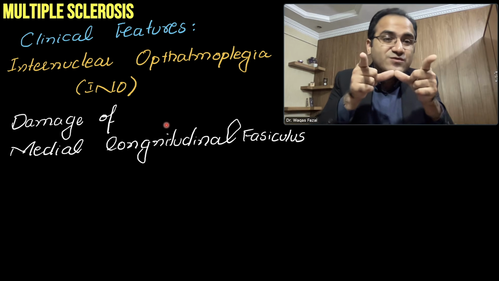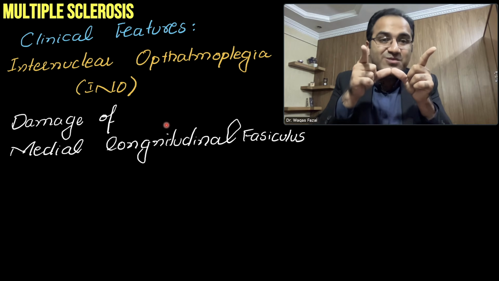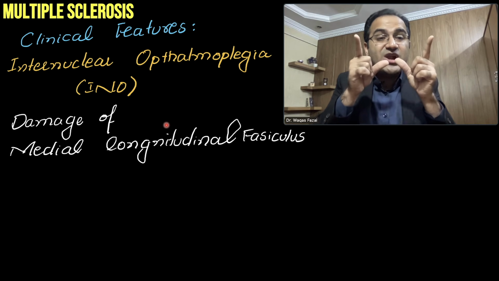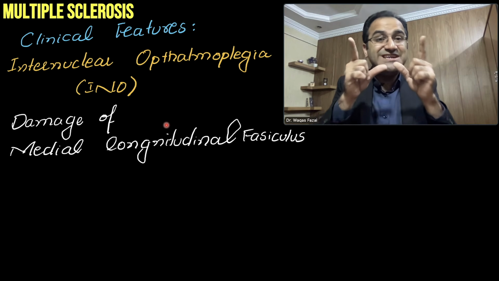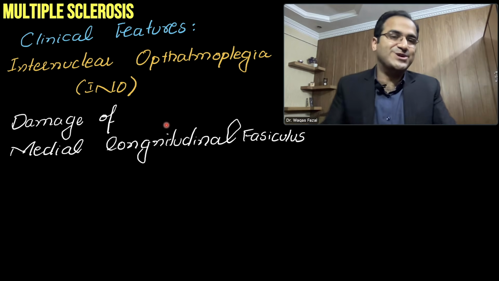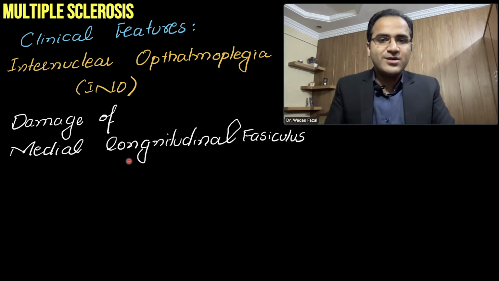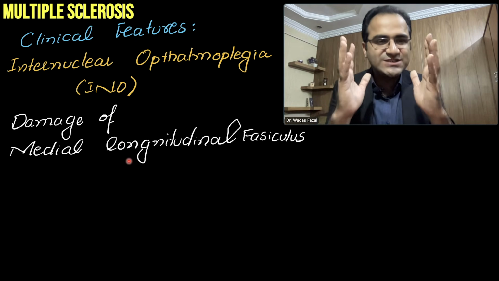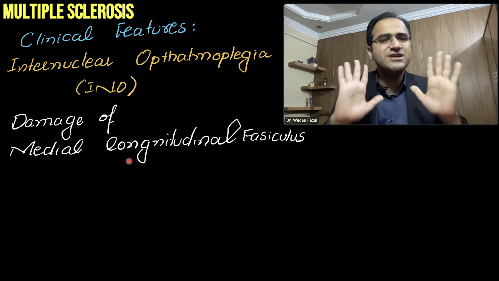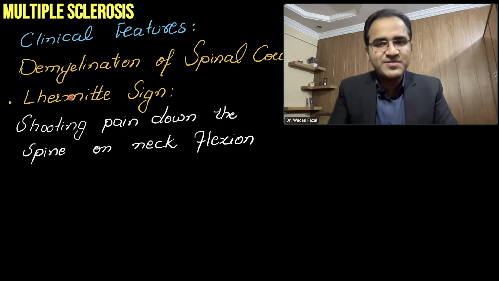Therefore, the right eye moves to the right side and the left eye starts having nystagmus. It starts vibrating like this. Basically, the problem is that they are not having proper communication with each other due to damage of the medial longitudinal fasciculus. That is called internuclear ophthalmoplegia. So the eye findings are the earliest finding, and optic neuritis is the earliest finding of multiple sclerosis.